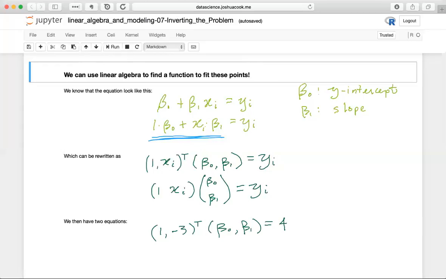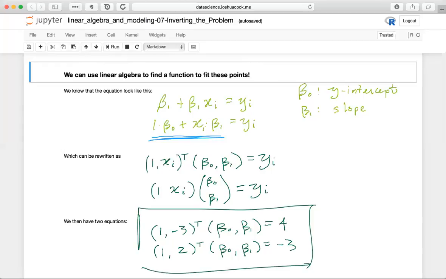And this is actually the second point, but that's fine. We're going to have 2 equations, 2 points. And then we're going to have 1, 2 transpose times the same values, beta 0, beta 1, is equal to -3. Now have a look at this.